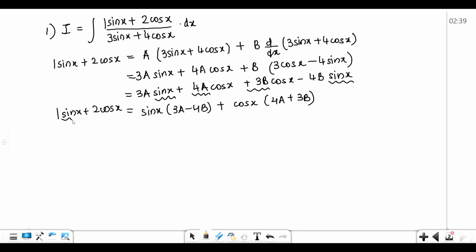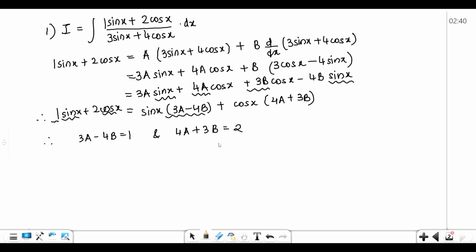So we have sin x as well as cos x on the left as well as on the right side. So you can equate the coefficients of sin x and cos x. The equations will be 3a minus 4b equal to 1, and the other one is 4a plus 3b equal to 2.